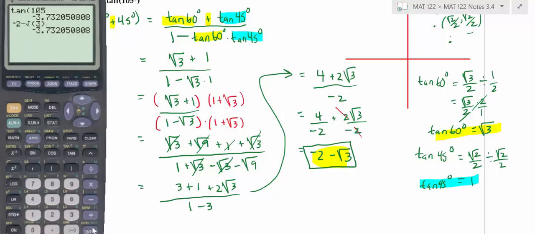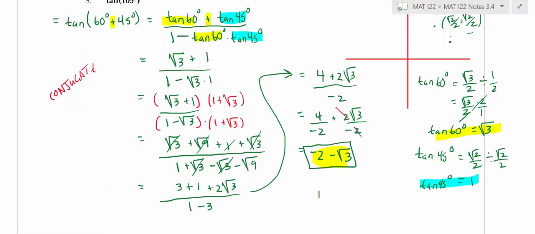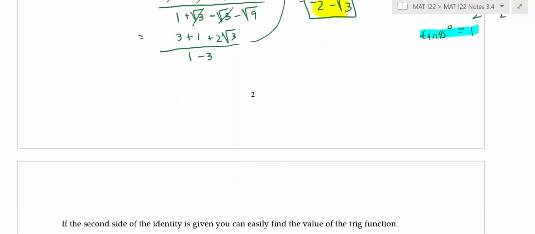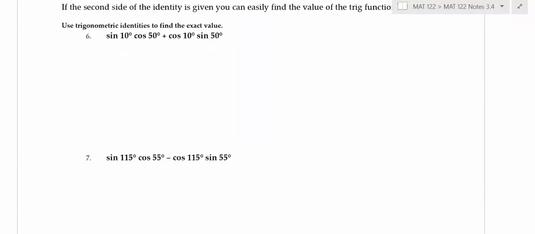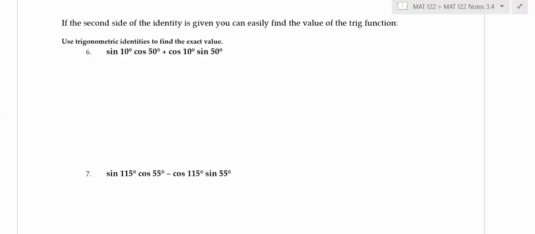Isn't that cool? So that's the right answer to the problem, and that's the precise answer. So we're able to get exact values of trigonometric functions that are sums and differences of angles that are derived from special triangles.